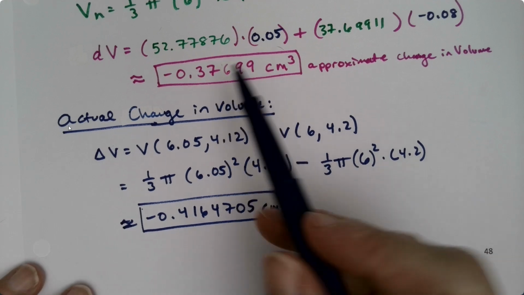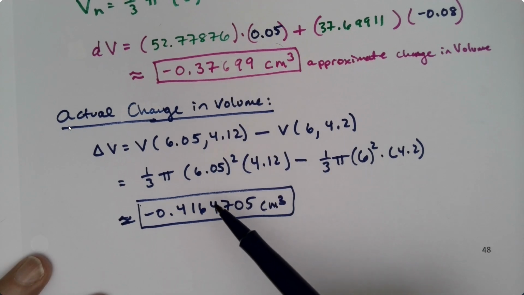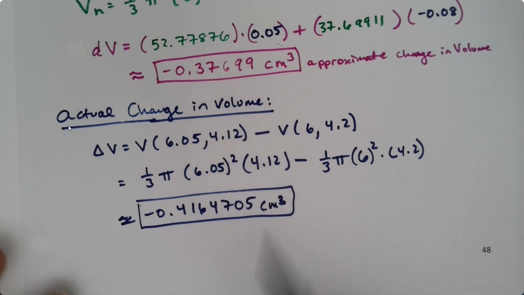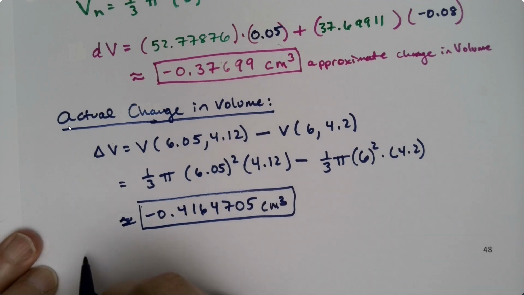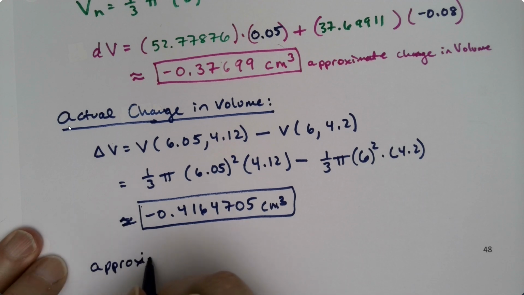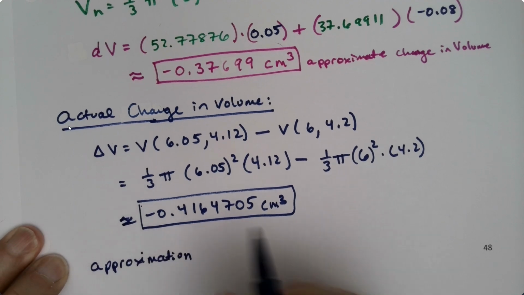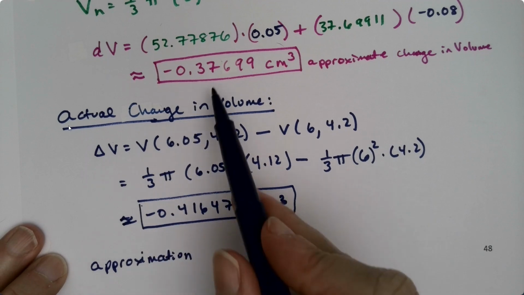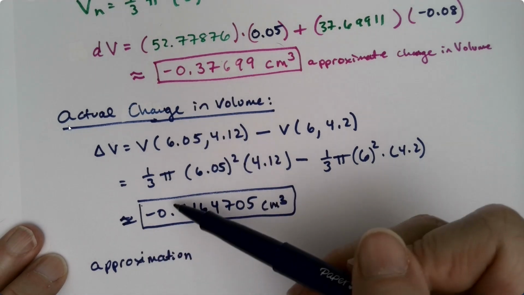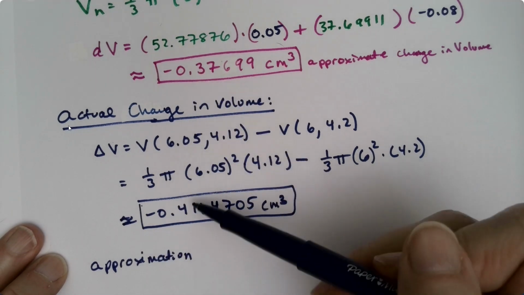And they're relatively close to each other. It's not great. I mean, they're a bit farther apart. So the approximation is close to the actual change. But it's not close within an order, it's close within an order of magnitude. Even the first decimal places are not the same.